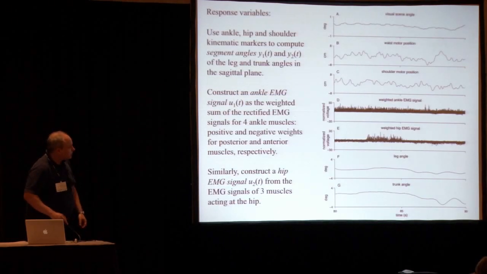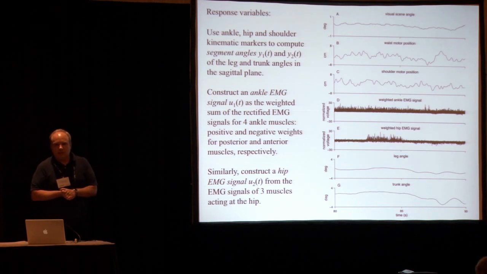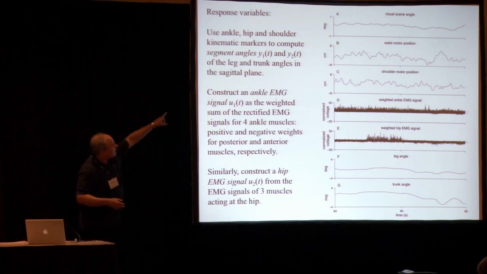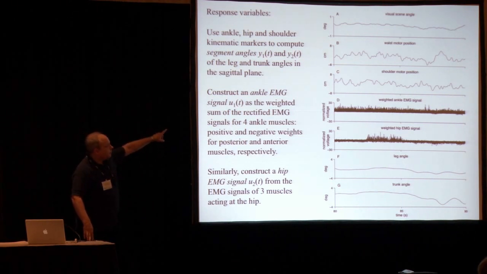So this shows what the signals look like in this experiment. This is 10 seconds from a trial, and the trials are either 2 minutes long or 4 minutes long, depending on the age of the subject. 6-year-olds cannot stand for 4 minutes. The first signal shows the visual scene angle, and the next two signals show the waist motor mechanical perturbation and the shoulder motor mechanical perturbation.